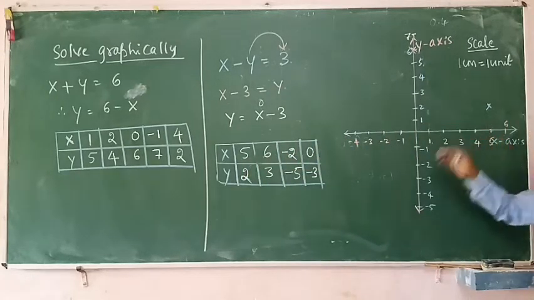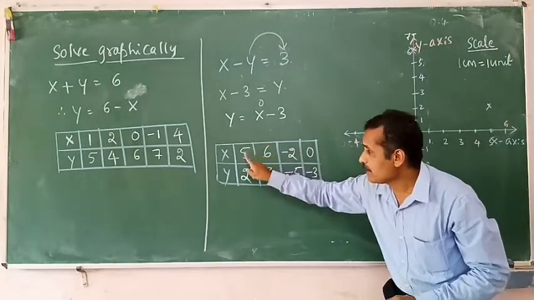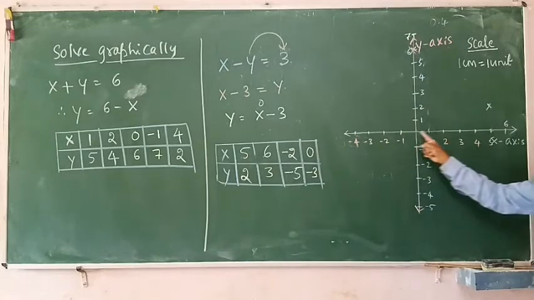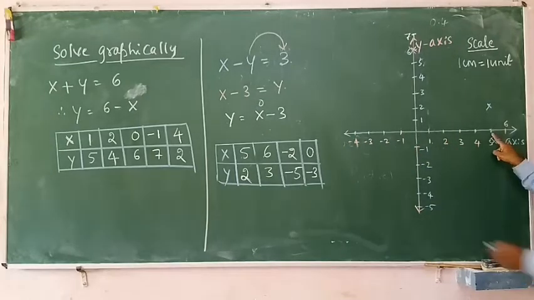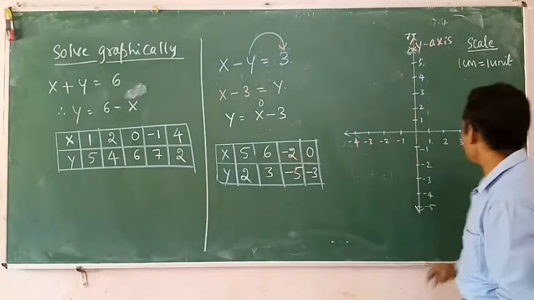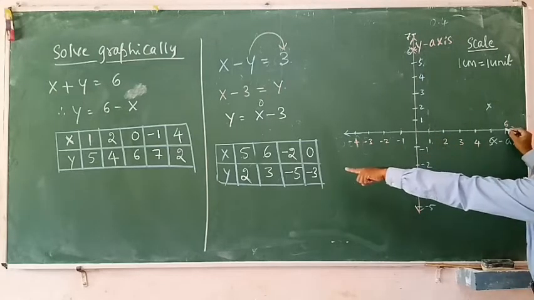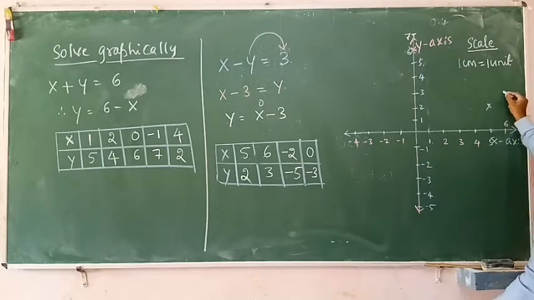Always first value is x, second value is y. X is equal to 5, it is here. Y is equal to 2, go up. This is the 5, 2. Next 6, 3. X-axis 6, it is here. Y-axis 3, on the top, somewhere here, it is 3.